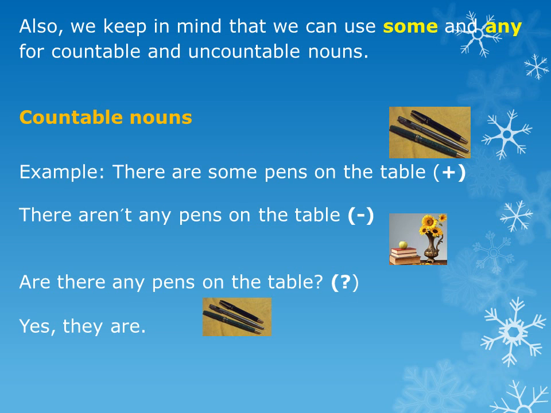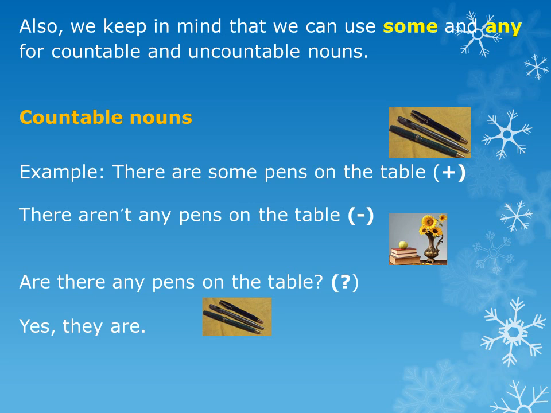Also, we keep in mind that we can use some and any for countable and uncountable nouns. Countable nouns. Example, there are some pens on the table, in the positive way. In the negative way, we say, there aren't any pens on the table.